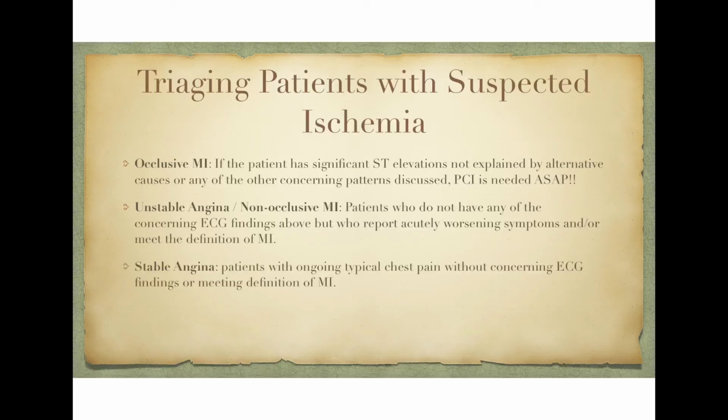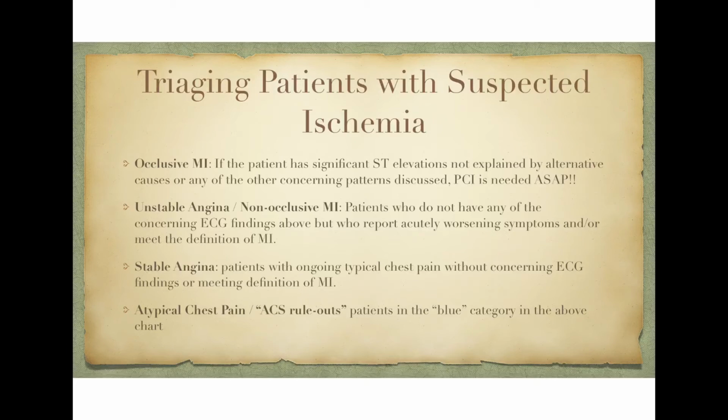Patients who do have ongoing typical chest pain that doesn't seem to be getting any worse over the past few days, and they don't have any of those concerning ECG findings, are labeled as stable angina. And finally, we have the patients who present with atypical chest pain. They have much lower pretest probability.